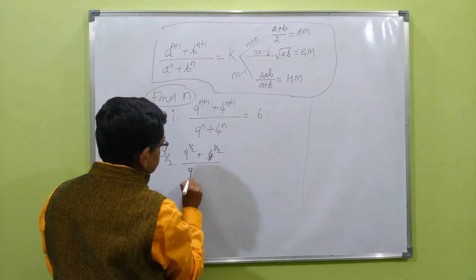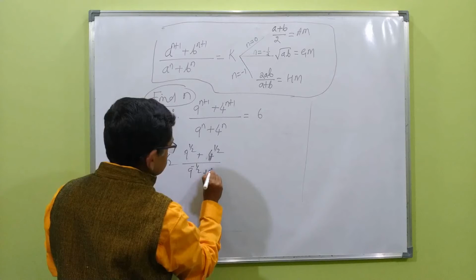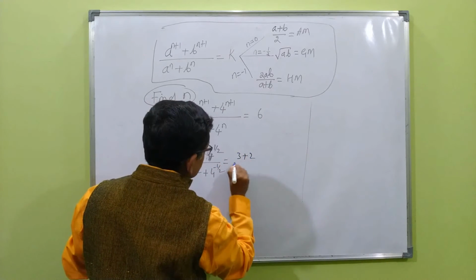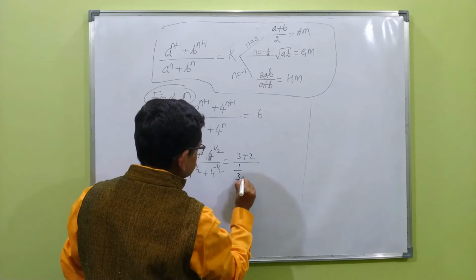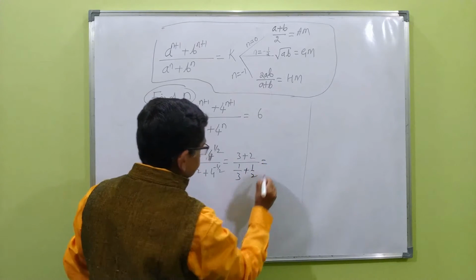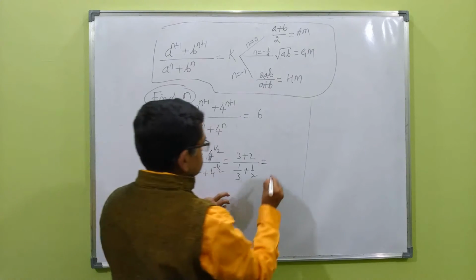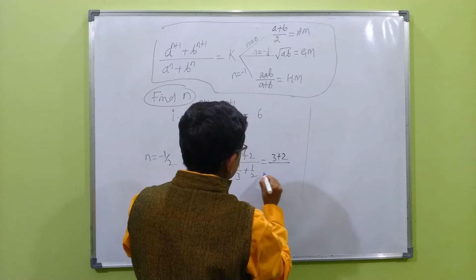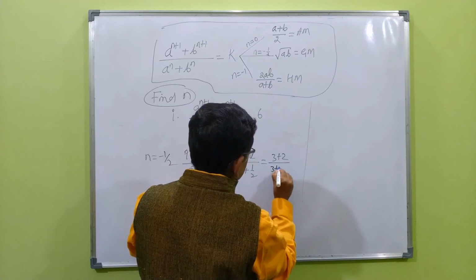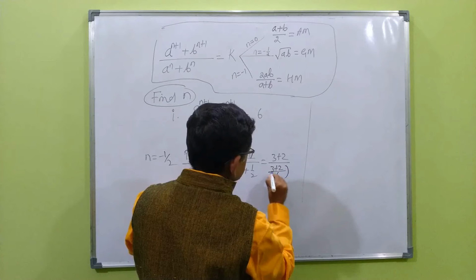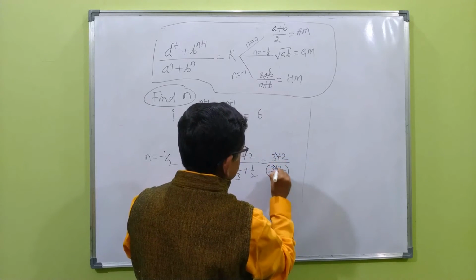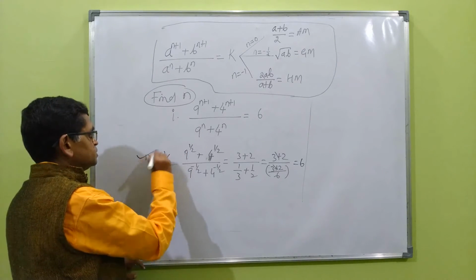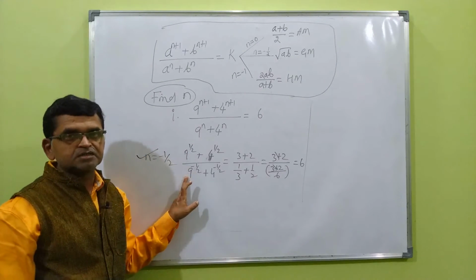This is 9 raised to minus half plus 4 raised to minus half, means 3 plus 2 divided by 1 by 3 plus 1 by 2. If you take the LCM, this will be 3 plus 2 divided by 3 plus 2 divided by 6, isn't it? So these two get cancelled, 6 comes to the numerator and the answer will be 6. So n is equal to minus half is the correct answer.